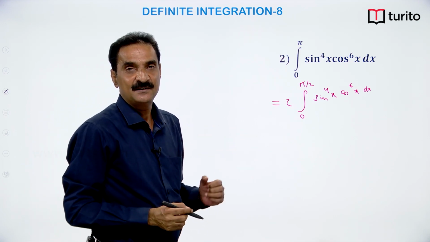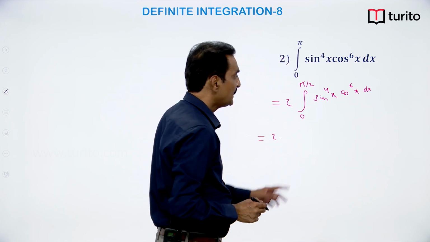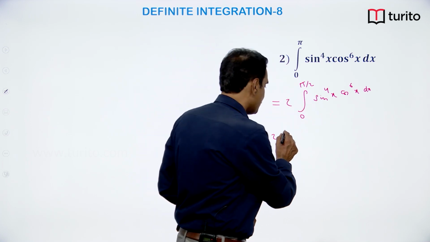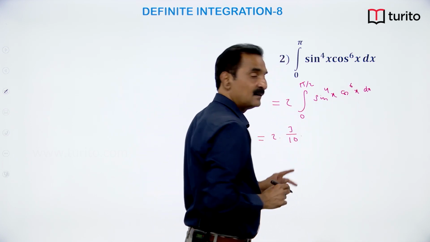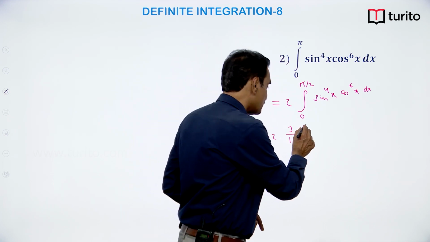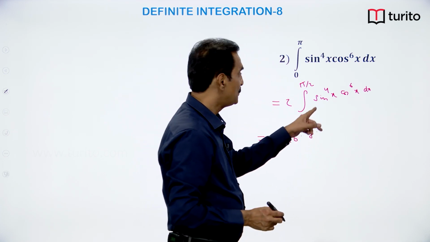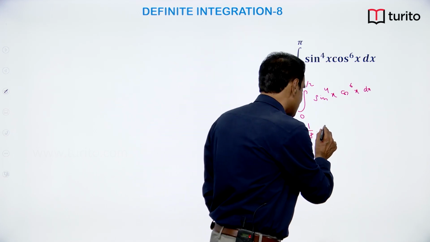Let us proceed with the formula. 2 into m minus 1 by m plus n, m minus 1 is 3, m plus n is 10. Subtract 2 from the numerator and 2 from the denominator, you will get 1 by 8 into I 0 comma 6, and I 0 comma 6 is I 6.